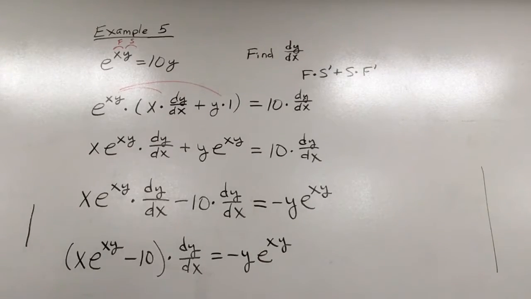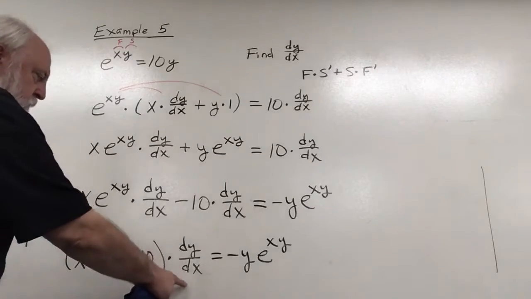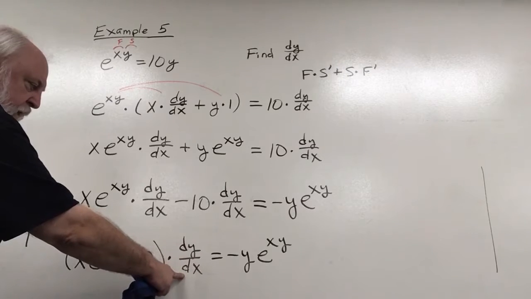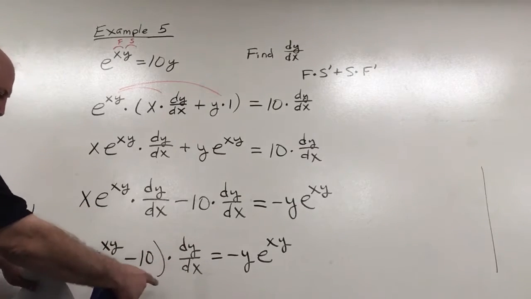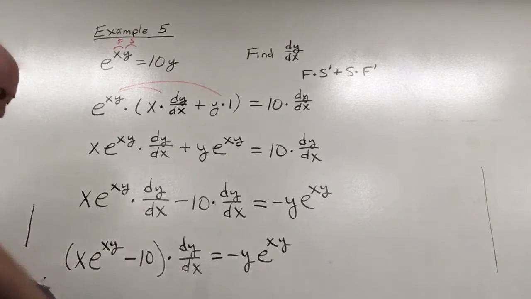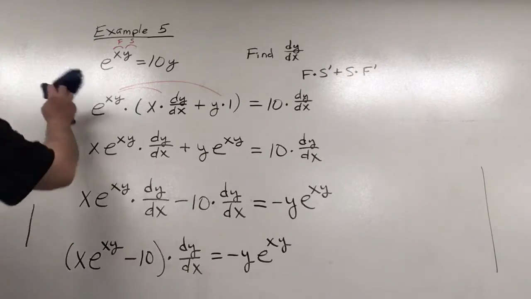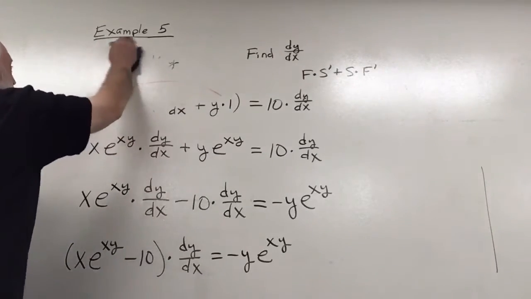And now we're almost done. To get dy over dx by itself on the left-hand side, I divide both sides of the equation by what's in parentheses here. And we're done.